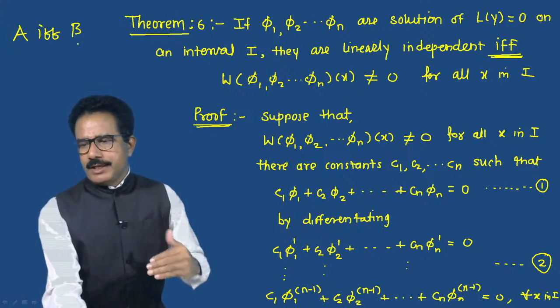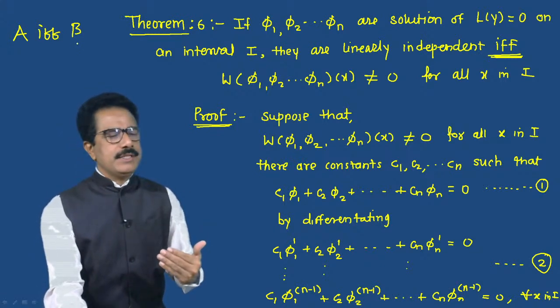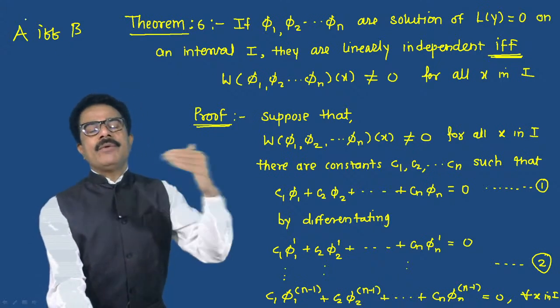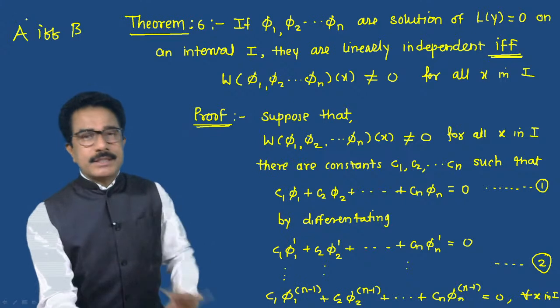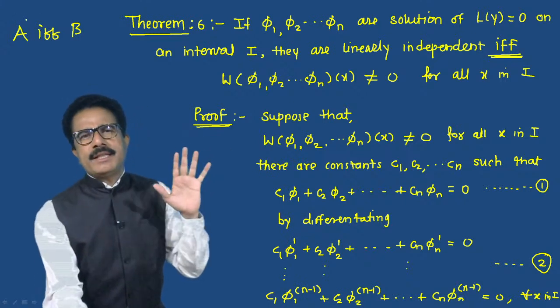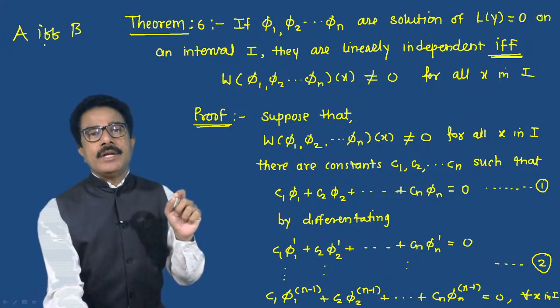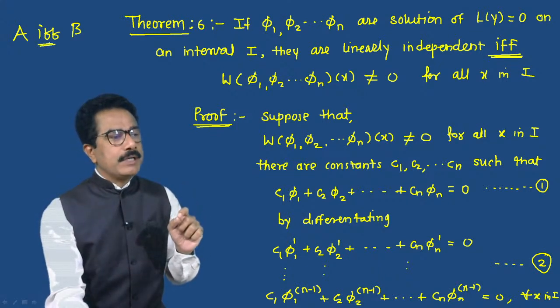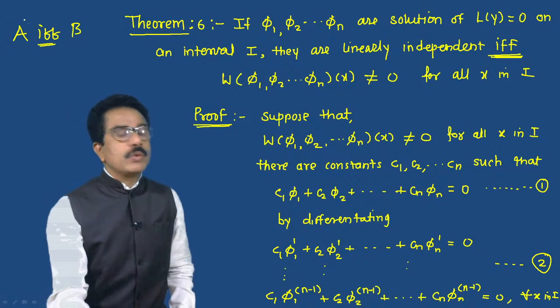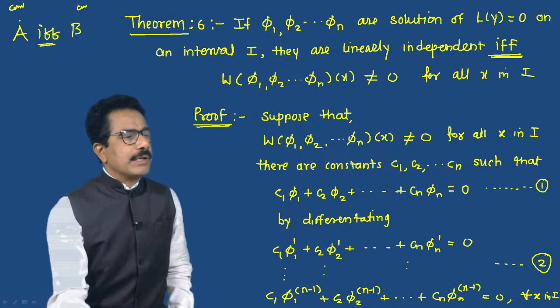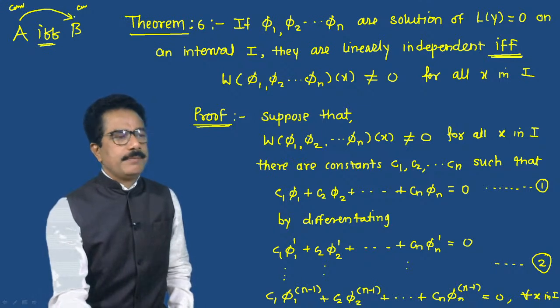Then how to prove the theorems, all the theorems of mathematics which are bounded by if and only if, we have to prove in a particular way. First of all, you have to consider this condition. This is a condition, this is a conclusion. First of all, consider the condition and prove the conclusion.